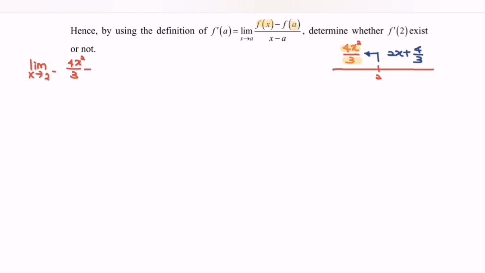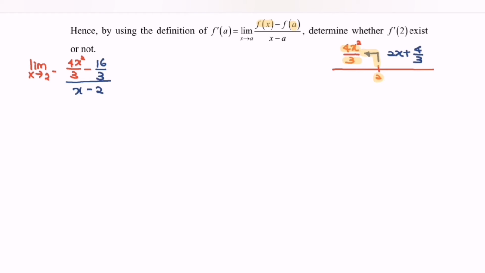Here, a is equal to 2, so we substitute the value 2 into the function on the left. We have 2 squared, which is 4, and 4 multiplied by 4 gives 16 over 3. So f(a) will be equal to 16 over 3, all over x minus 2.